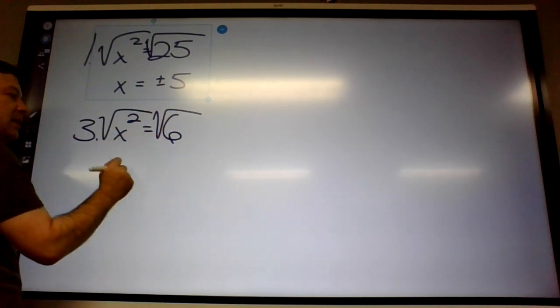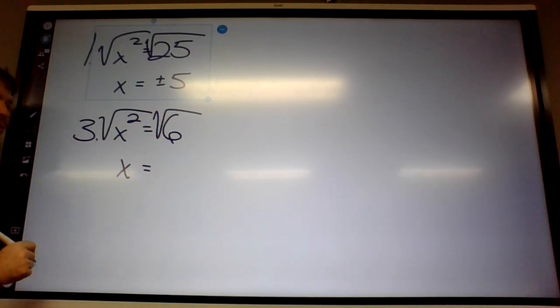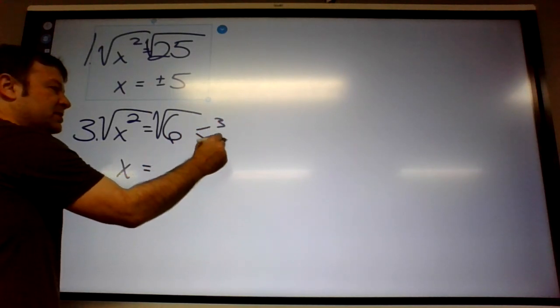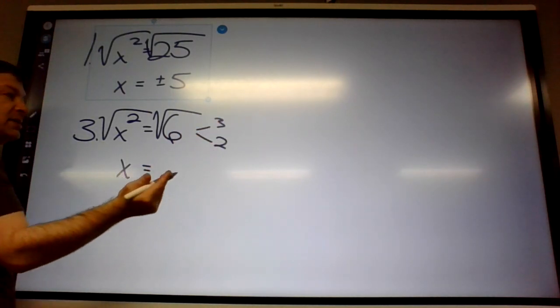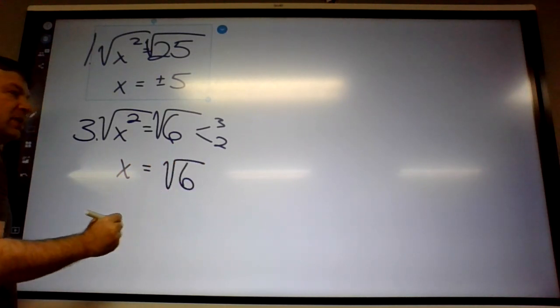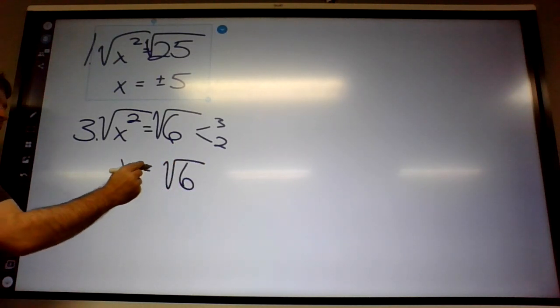Okay. Now, we don't want any decimals for square root of 6. Does square root of 6 simplify? No, because there's no doubles in there. It's like last chapter. So it's just going to stay square root of 6. But what else do I need? The x.